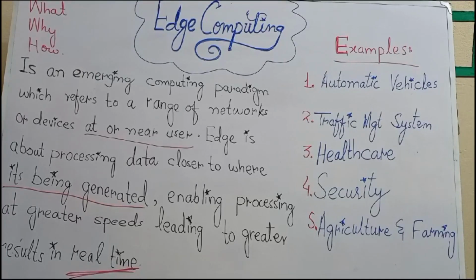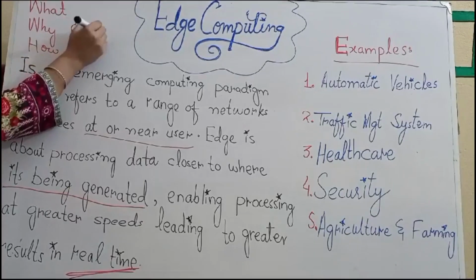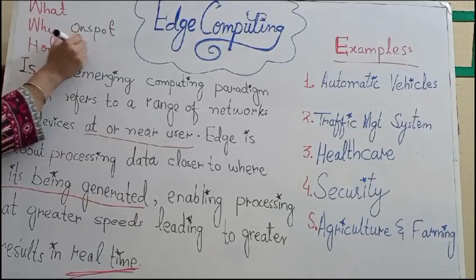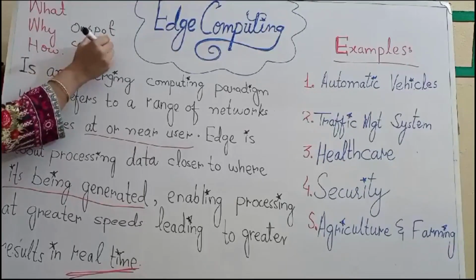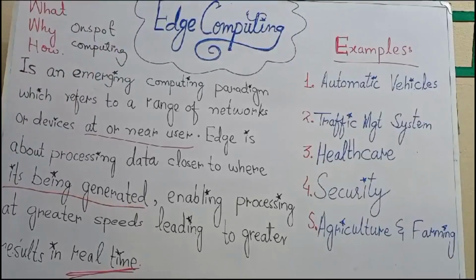So we can say that edge computing is on-spot computing. That means the computing is on the spot where the data is generated. With some examples, we are going to learn how it is being used and how we can implement it in our daily lives.